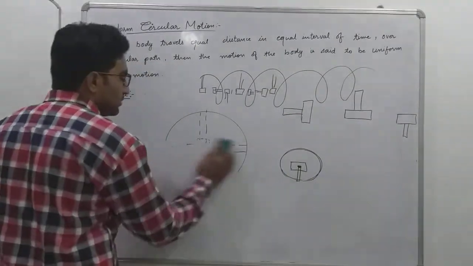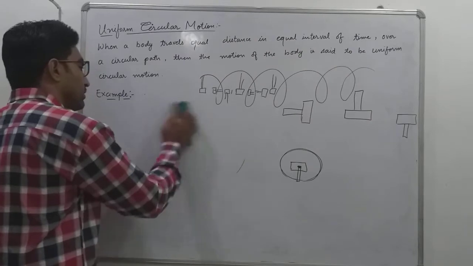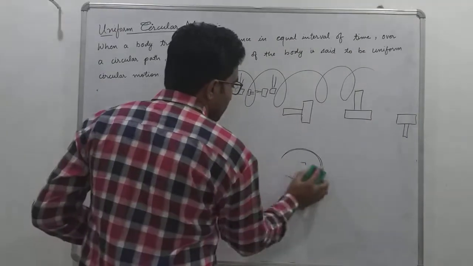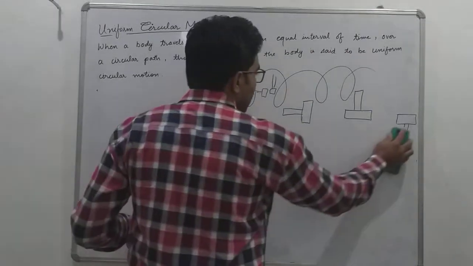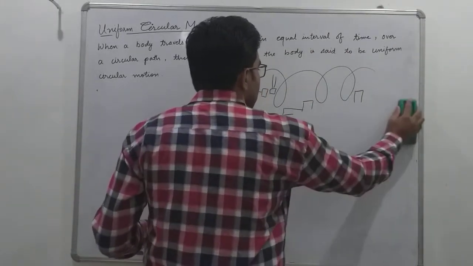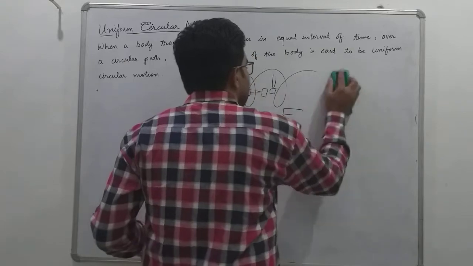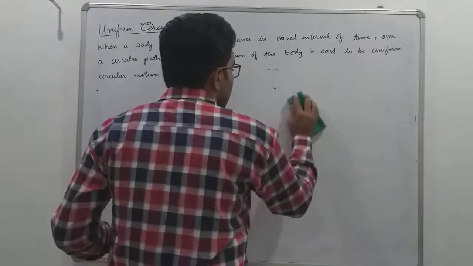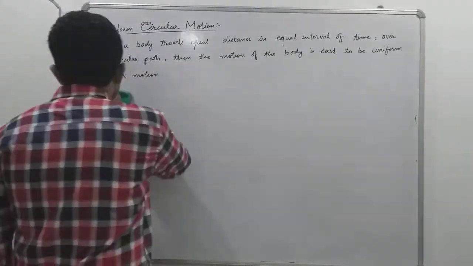Suppose some numericals, or we can say how to find the speed of a body in uniform circular motion. Okay, let's take some examples of how to find the speed of a body which is in uniform circular motion.